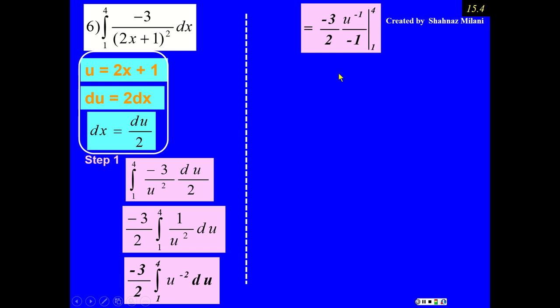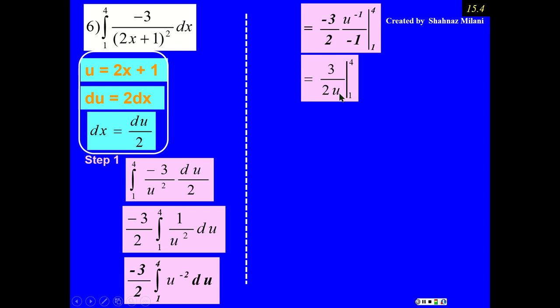Simplify, because you do not want to just go to the next step until you have simplified completely. This minus divided by this minus becomes positive. My denominator 2 times 1 is going to be 2. Get rid of this negative exponent, move the u to the exponent minus 1 as a denominator, and it becomes a positive exponent. As you can see, this is much easier to work with than this.